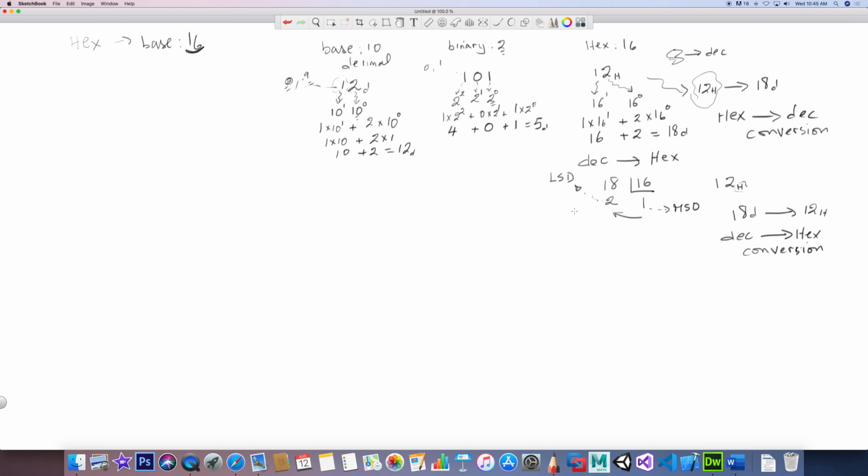Okay? So now the key is, can we figure out how to count in hex just like we know how to count in decimal, in binary? Is there a special reason we need to know how to count in hex?